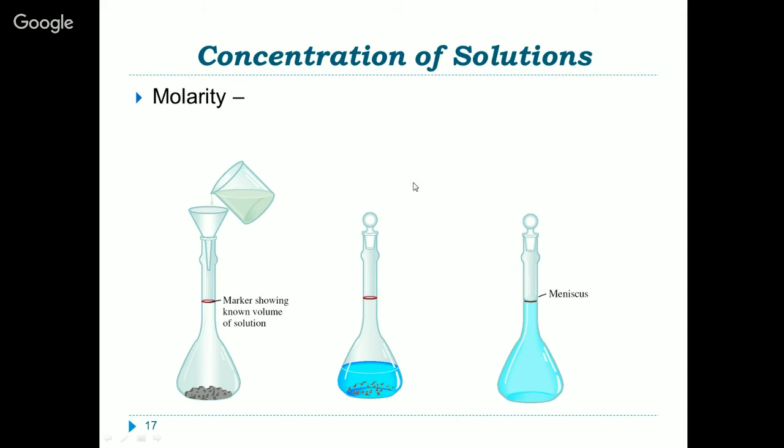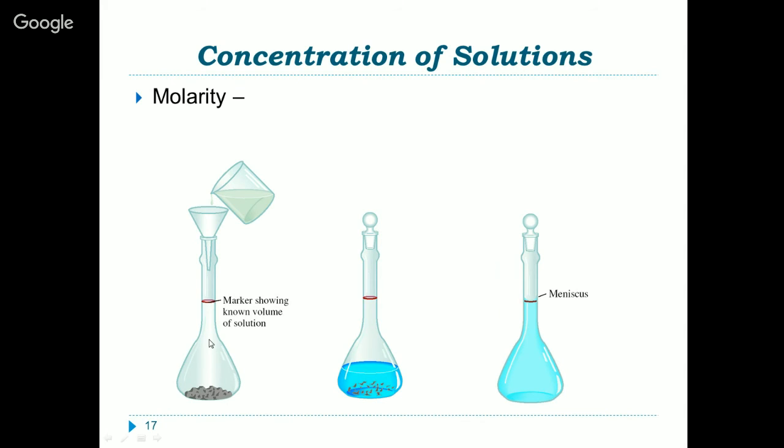How do I create a solution? When I go into the lab and make sodium hydroxide, a sodium hydroxide solution, that's a strong base. I take a specific mass of sodium hydroxide and I dissolve it into water. And it's a calculation that I do in order to figure out that I'm making the correct solution. So here I start with my pre-weighed substance.